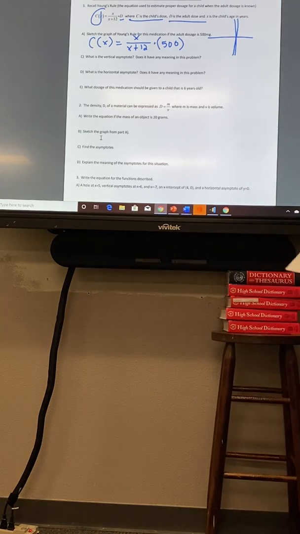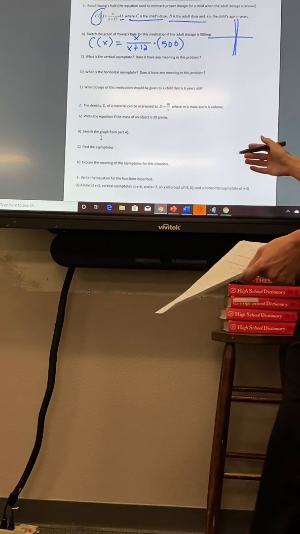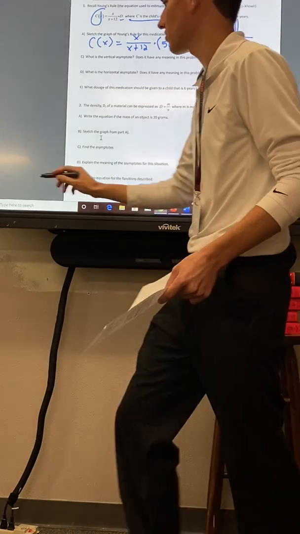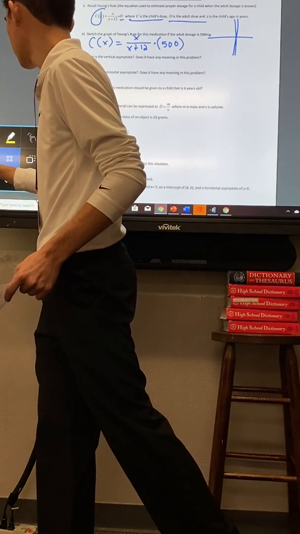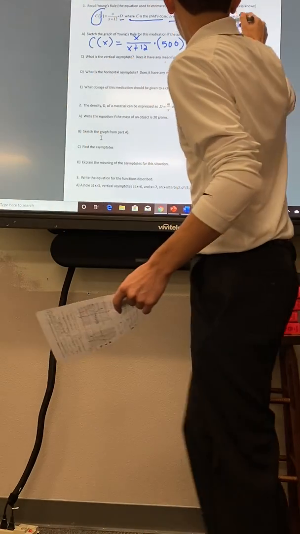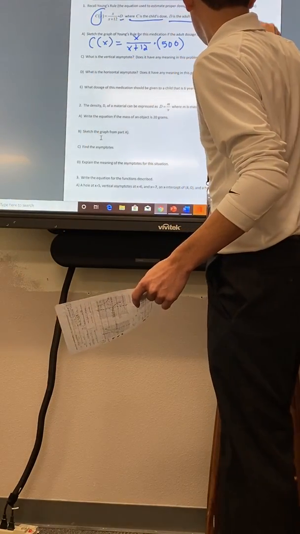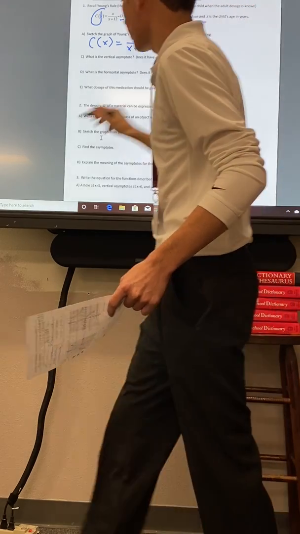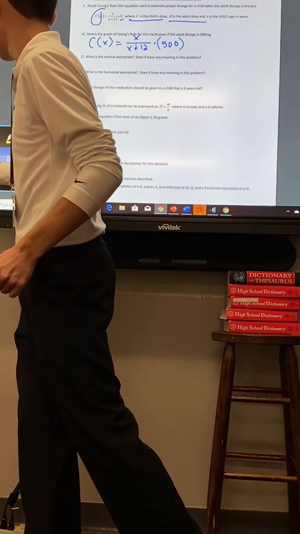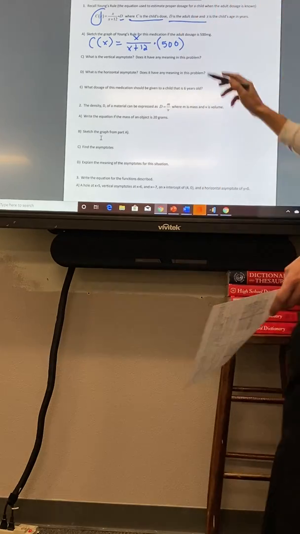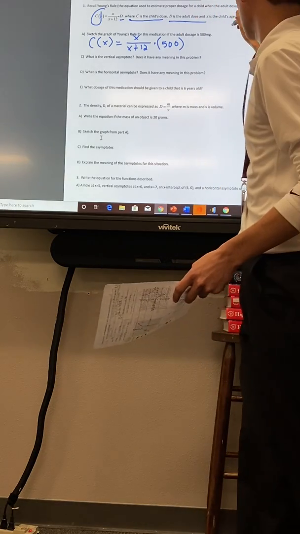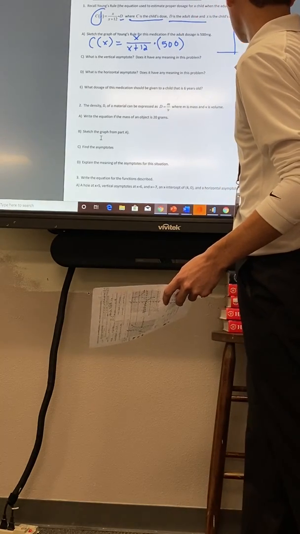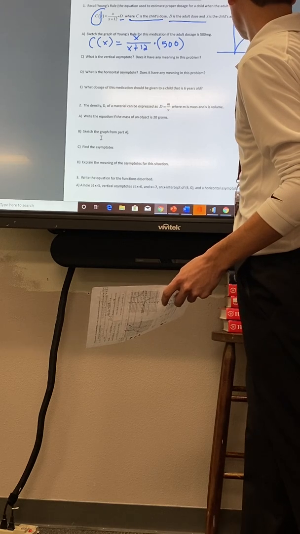And remember how we talked about how some of our graphs can be a little misleading based off of the window that we have it appearing at. And so if we make our window to where we have a Y max at 500, then our graph would probably look something more like this.